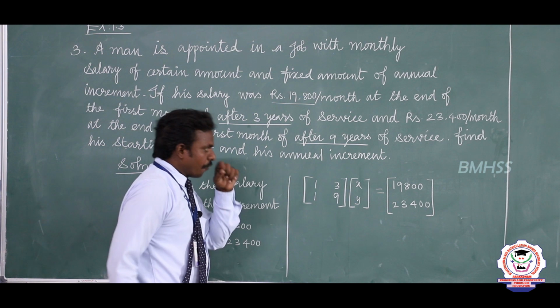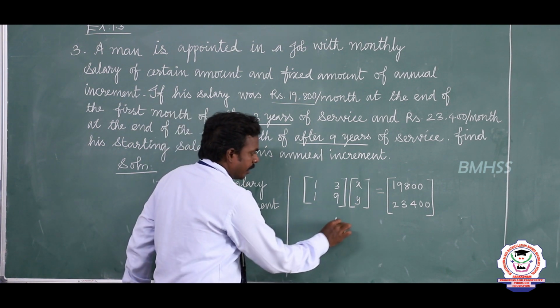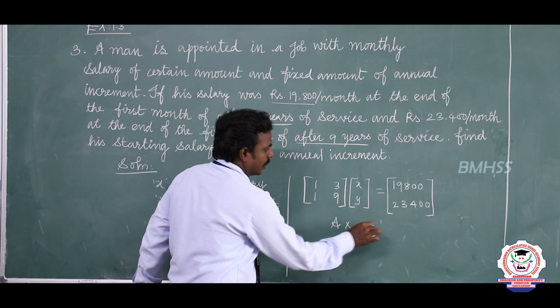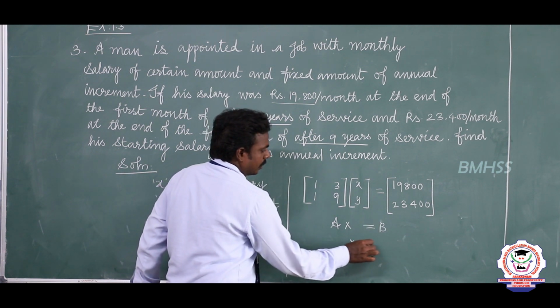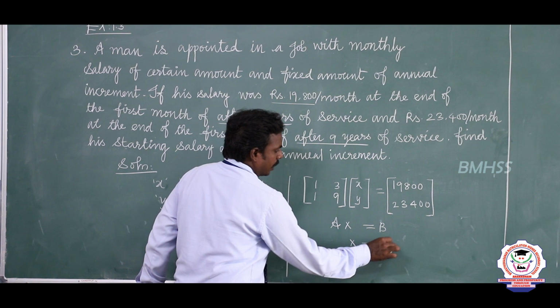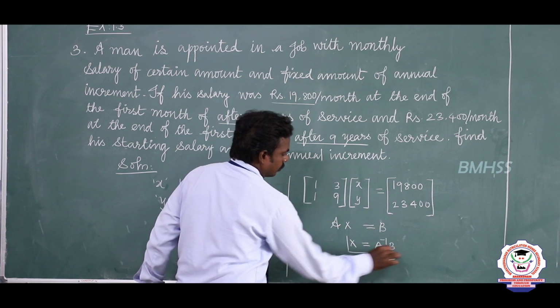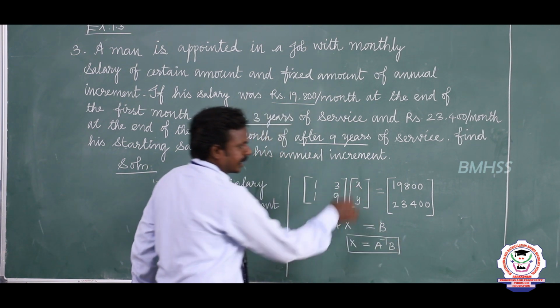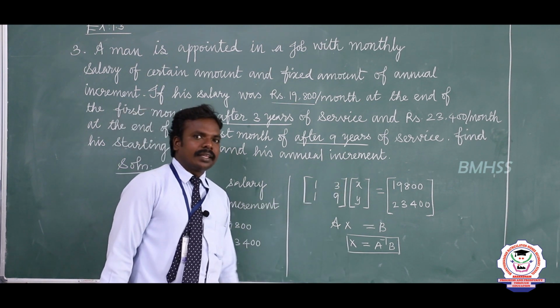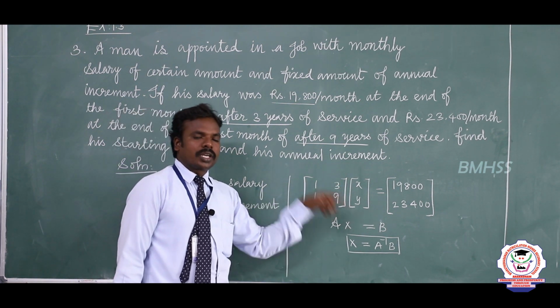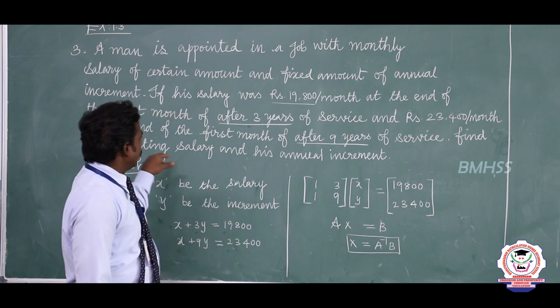Now this is in the form AX equal to B. From this we can write X equal to A inverse into B. Then only we can find X and Y, because X is the starting salary and Y is the increment. So we are going to find the starting salary and annual increment.